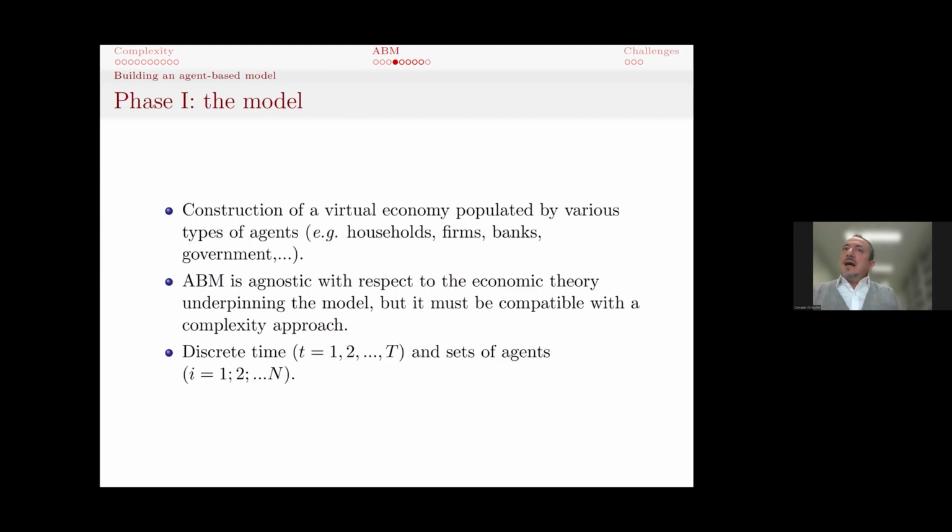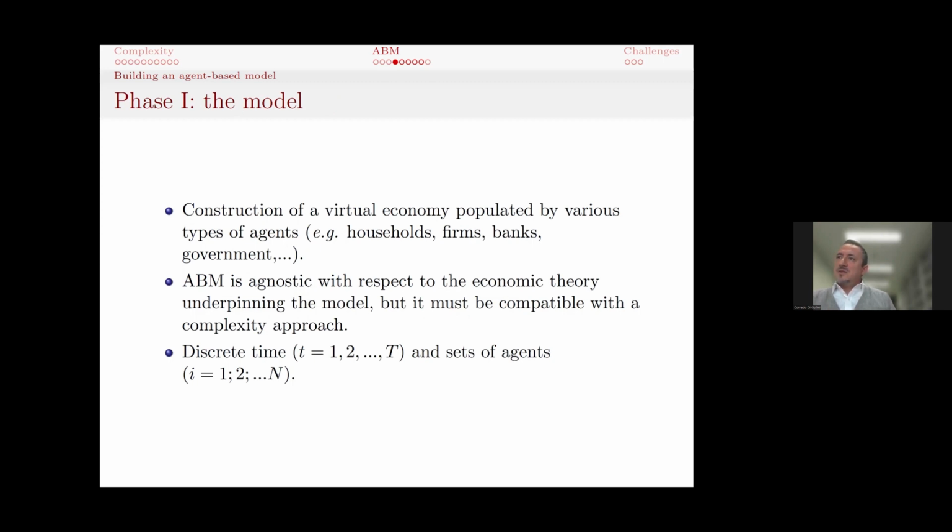So more practically, how do we think, conceive, and implement an agent-based model? First of all, we need theoretical background. We need to conceive a virtual economy with different types of agents. Which type of theory do we adopt? Agent-based is a technique, so it's not an economic theory.